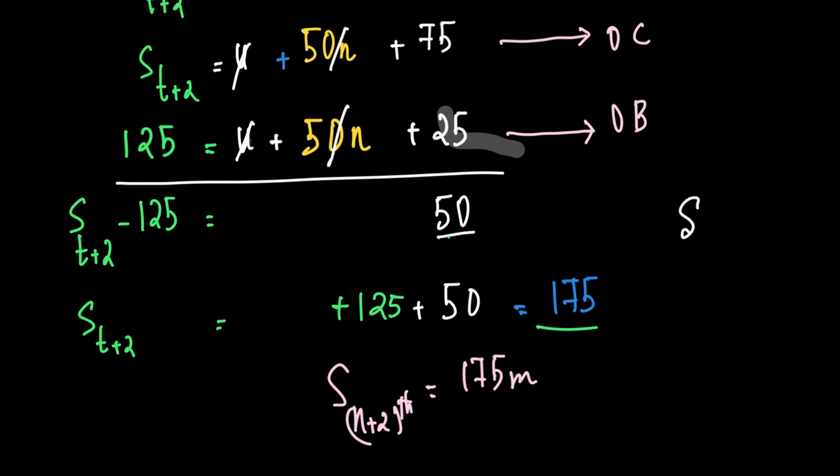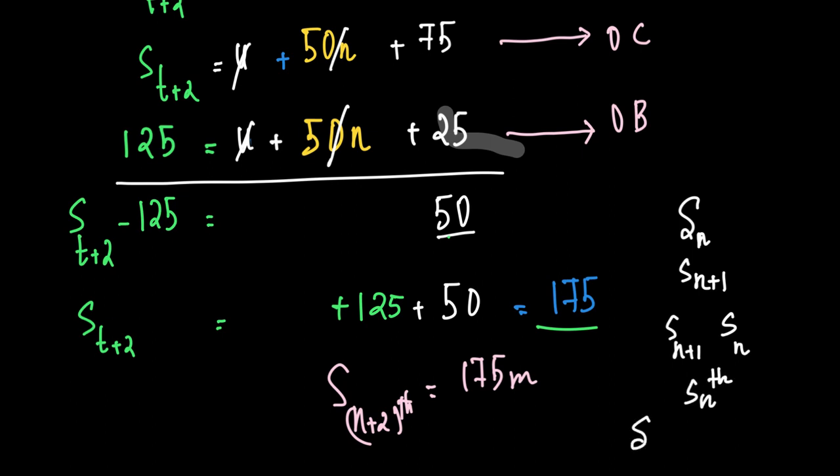So we solved it. Let me just revise the topics here. We discussed the distance traveled in S(n plus 1), and then S(n plus 1) minus Sn. And then we discussed the formula of Snth in detail.